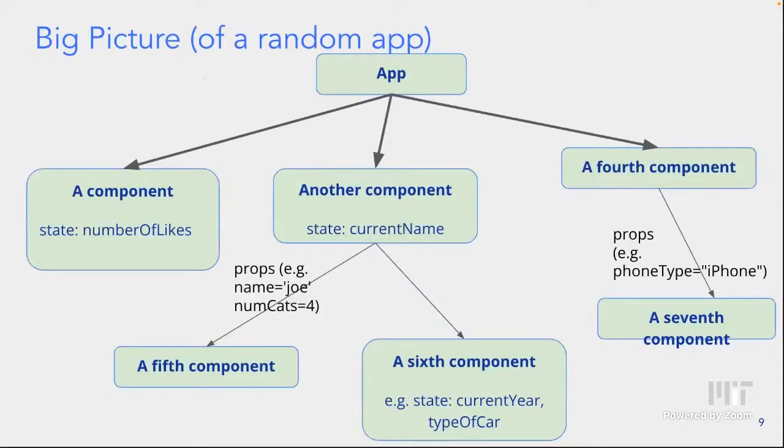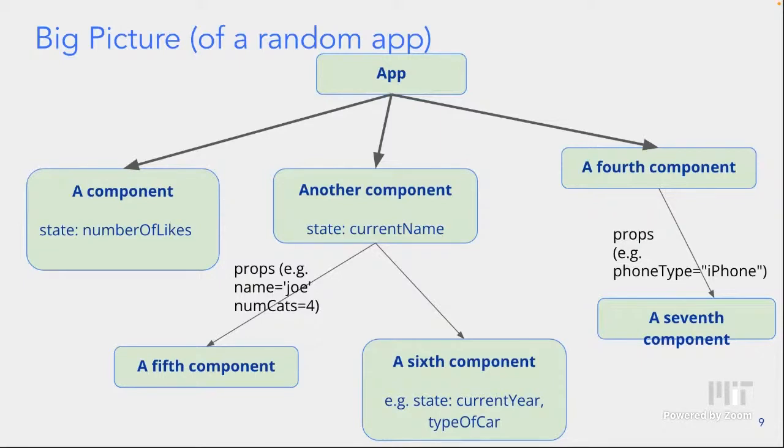And a way to represent the app is through a component tree where you have app on the top, and you can divide it into the components, and each of those components can be divided into more components. And another thing you can do is you can write the props along the arrows, because the props are passed from a parent component to the child component.